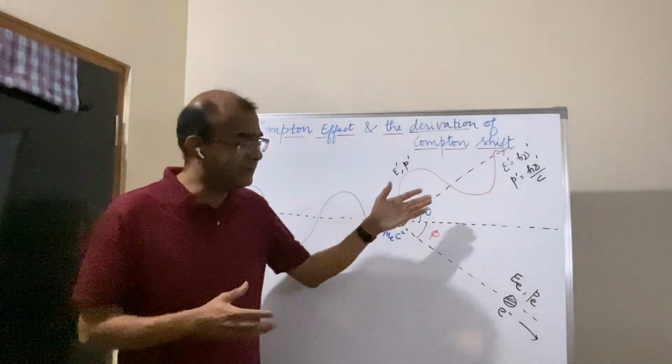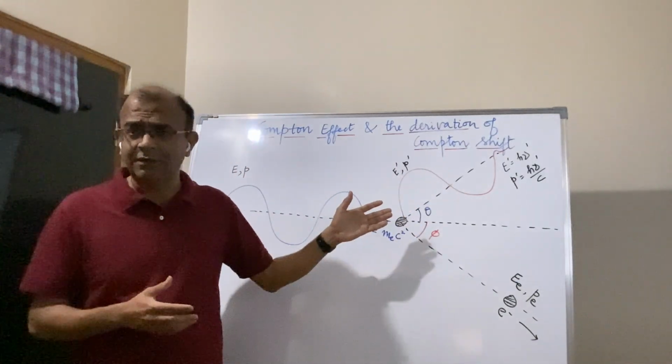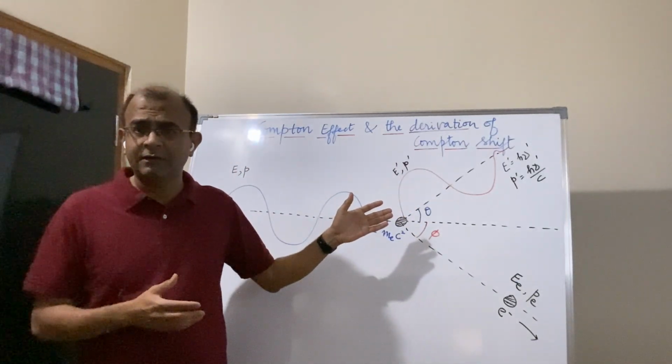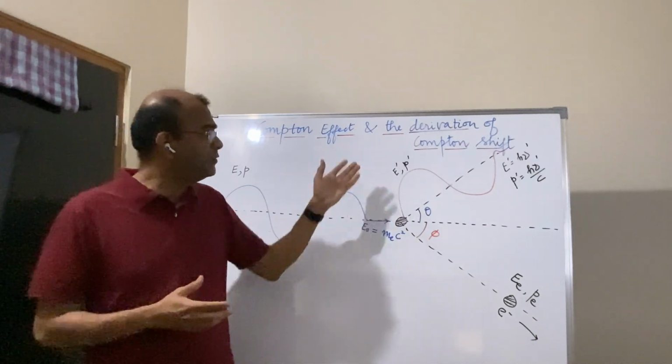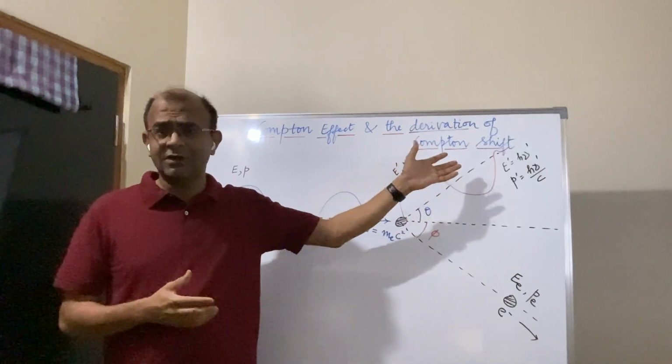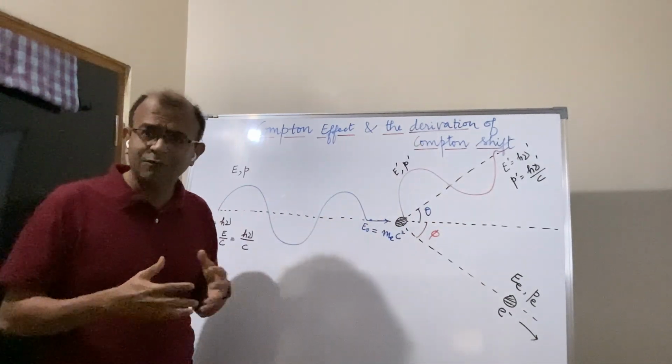There is a shift in the wavelength of the incident photon, and we are going to derive that shift, which is called the Compton shift, by the end of this video.